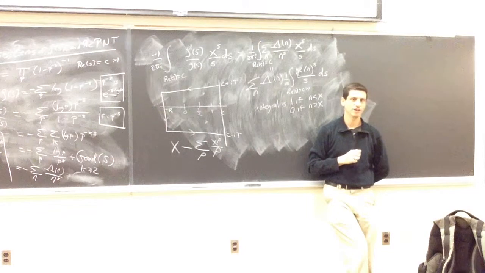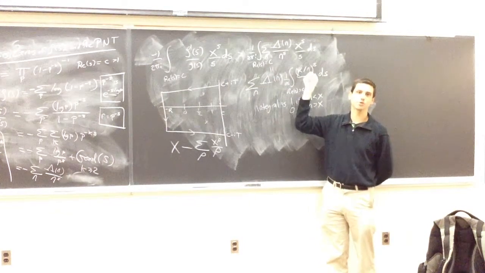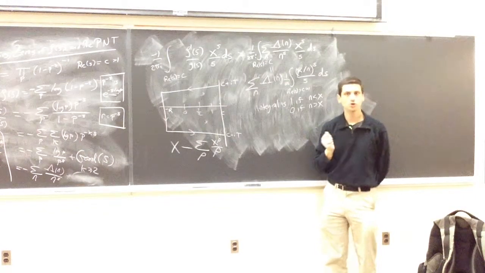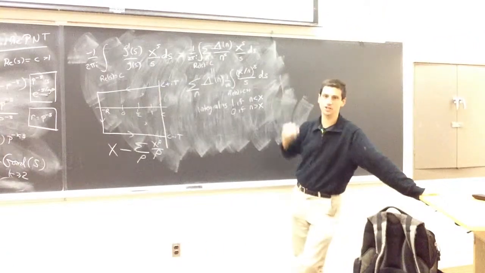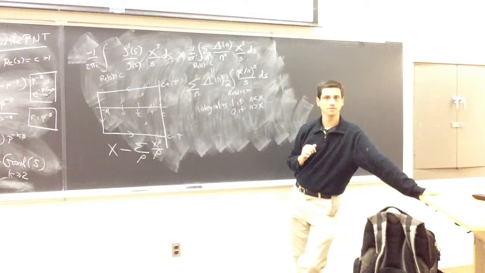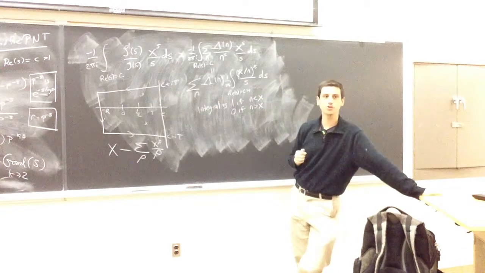What can we do to make sure we never have to worry about that catastrophe? Clearly, if x equals n, the integral is a little bit different because we're integrating 1 over s. What could we do to make sure we never have to worry about the case when x equals n? What are we choosing right now?